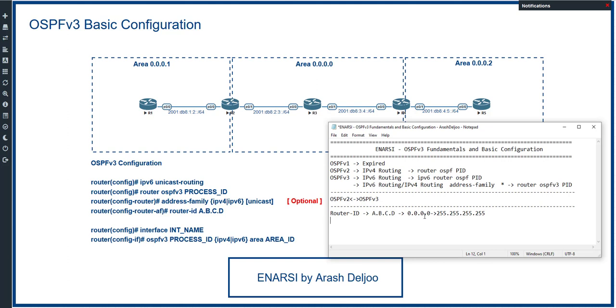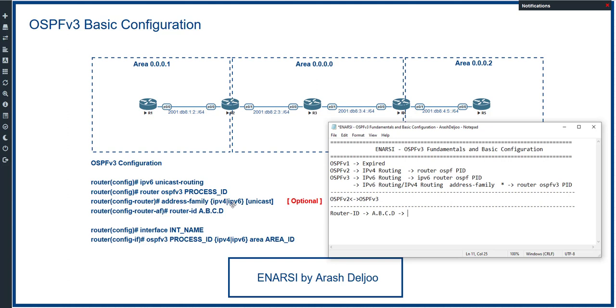For example, if you use quad 0 as the router ID, OSPF doesn't establish neighborship. But if you want, you can configure the router ID uniquely. The only important thing in router ID selection is uniqueness. We should select the router ID with a unique value. The configuration of the router ID is so easy.